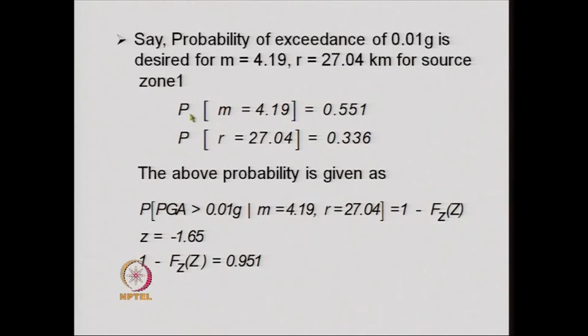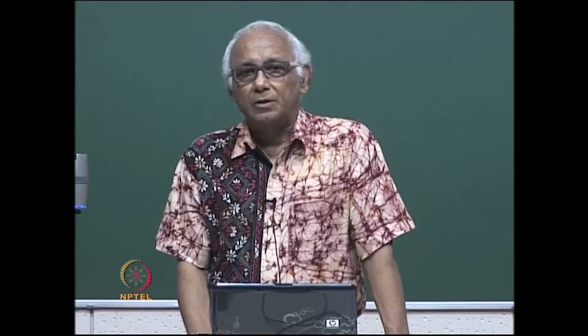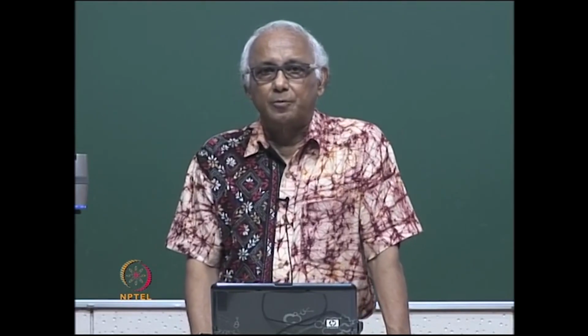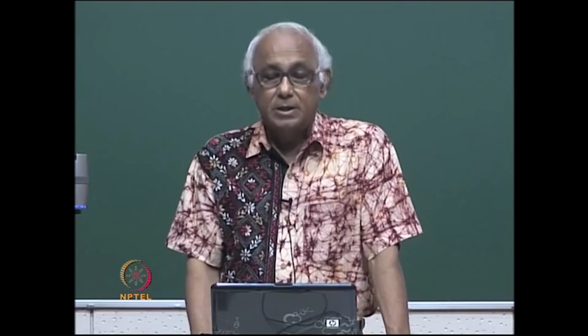For example, for a magnitude of earthquake of 4.19, that means the center of the first interval of the magnitude of earthquake that we obtain for source zone 1 is equal to 4.19.